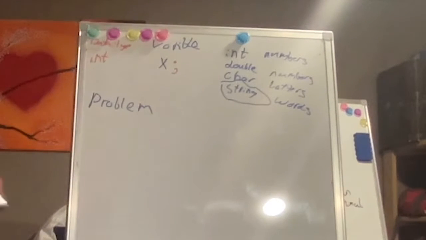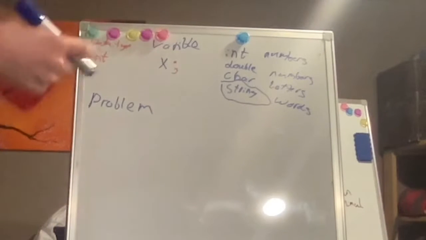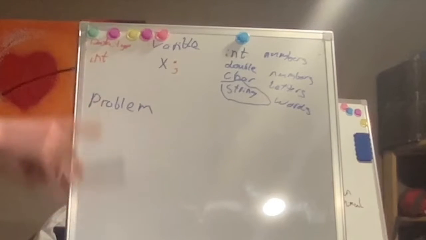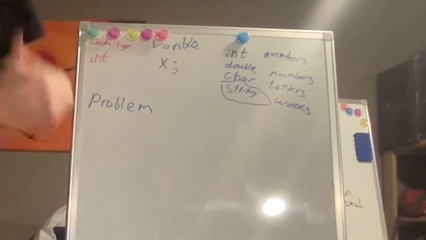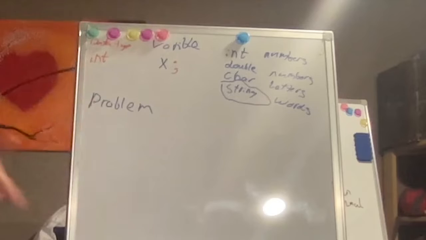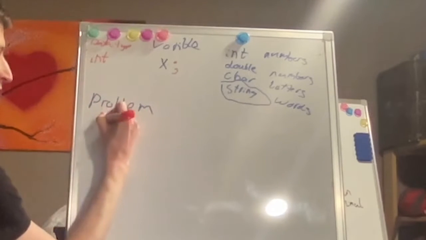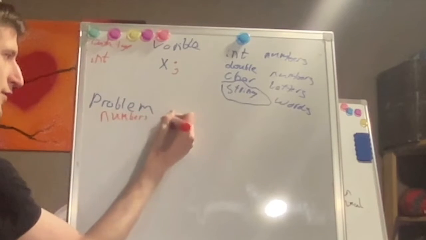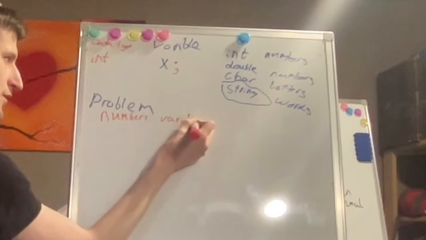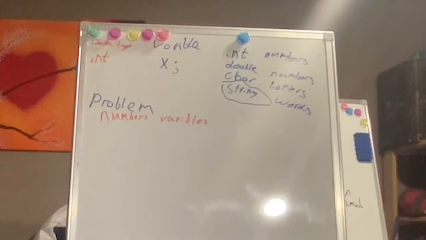So, what we're going to do is make a problem. The first problem we'll give you is: I have some numbers and I want to do some math with them. So we need number variables. Depending on the type of variable, we're going to pick which one we want.